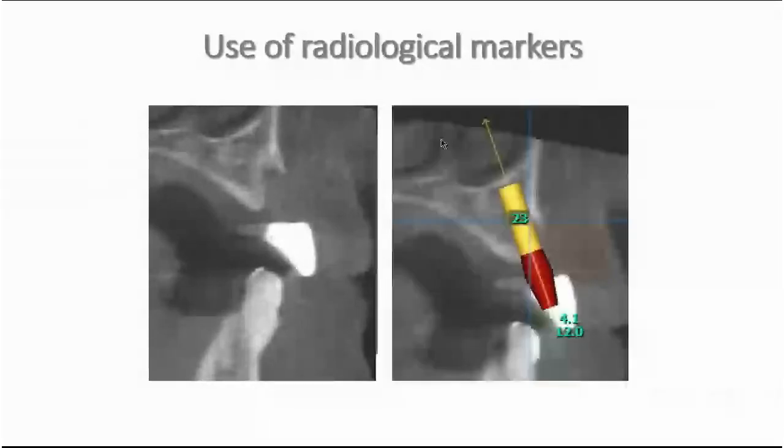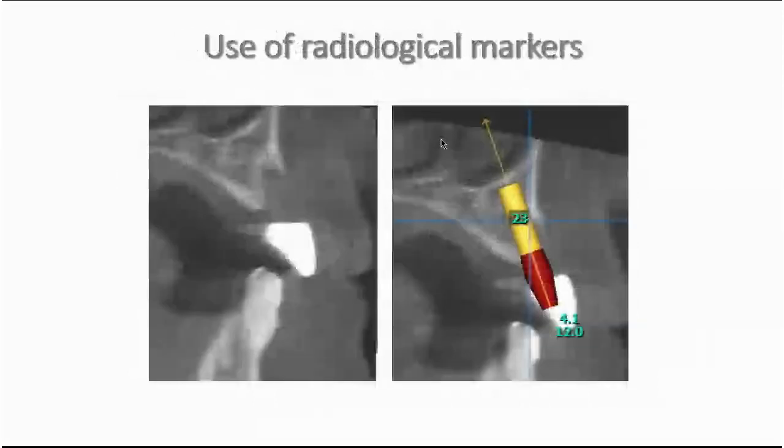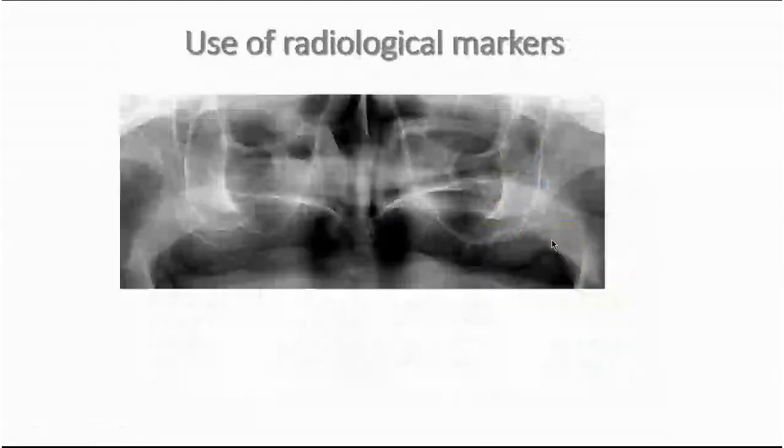And then we will be able to see the position of the implant. We will see if the available abutment choice is good for us, and we will be able to look at the buccal side here, whether we need bone augmentation or not, and what amount of augmentation will be needed.